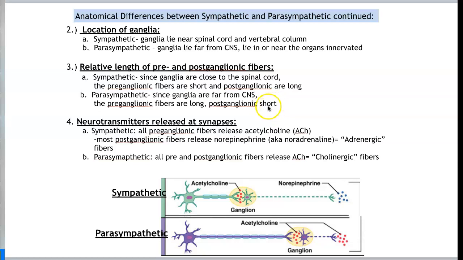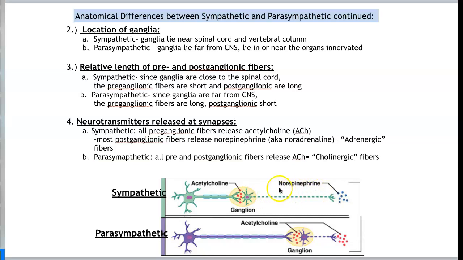The postganglionic axons are short. So preganglionic is long in parasympathetic. Postganglionic are short. Here's just showing you. Parasympathetic, the preganglionic axons are long. Postganglionic are short. It's the opposite for the sympathetic. The sympathetic preganglionic axons are short. The postganglionic axons are long.